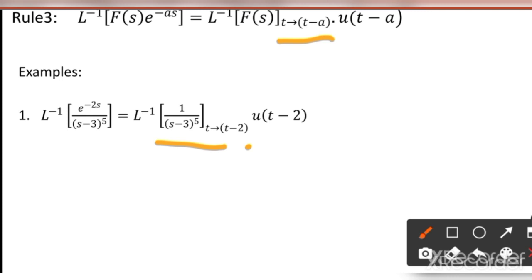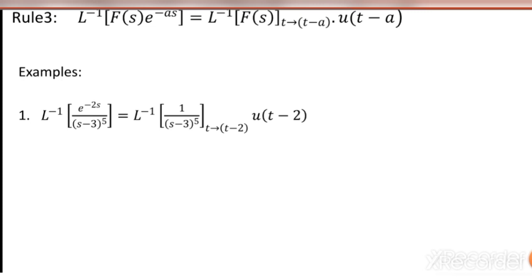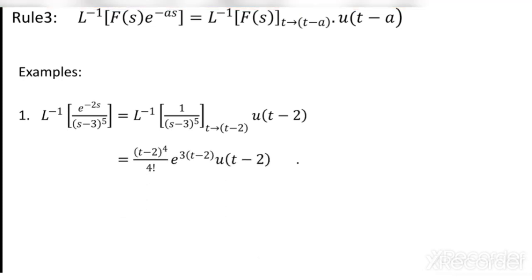So 1 over s power 5 is t power 4 by 4 factorial. So the result is t power 4 e power 3t by 4 factorial, into u of t minus 2. But wherever t, now replace it by t minus 2, which gives (t minus 2) power 4 by 4 factorial e power 3(t minus 2) u of t minus 2.